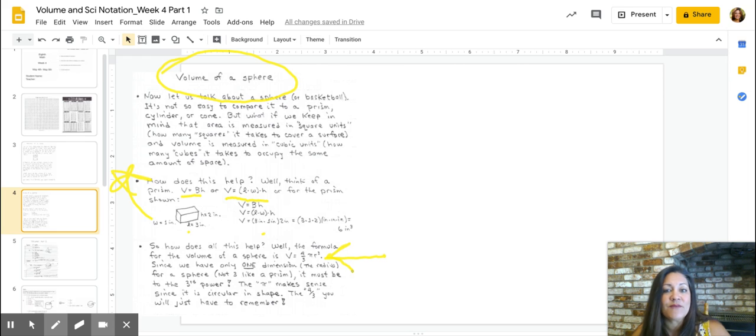So since we only have one dimension, which is the radius for a sphere, and that's going to be from the center of the sphere to the edge, we have that 1, not 3 like in a prism. It must be to the 3rd power. The pi makes sense since it's circular in shape. And the 4/3, you're just going to have to remember. It's one of those formulas. That's just how it is. Okay, so that's volume of a sphere.